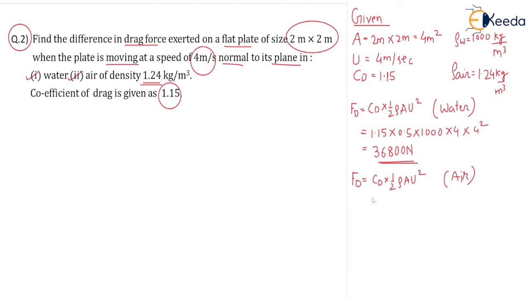So value of CD will definitely be the same, no change, 1.15 into 0.5 into rho. Rho is changed now because it is air, so 1.24, into area, which will be same, 4, into again velocity square, 4 square. So if you calculate this, you will be getting 45.6 Newton.